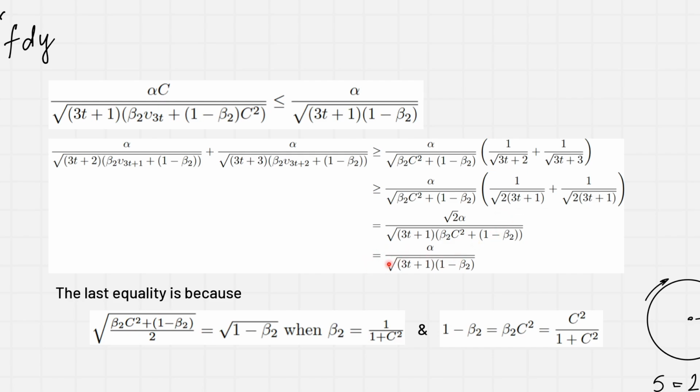And in this inequality, we use the definition of beta 2. Here we give the reason that beta 2 c squared is equal to 1 minus beta 2. And thus, x_{3t+4} is equal to 1, which also completes the proof of the property.